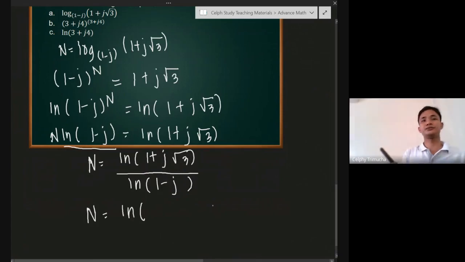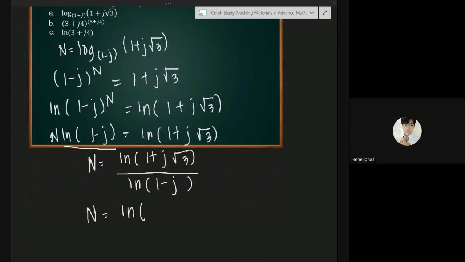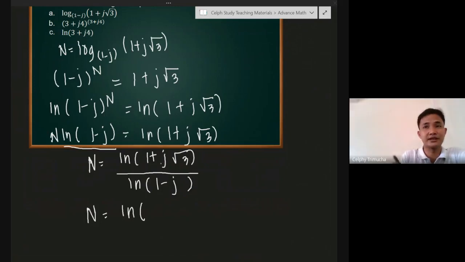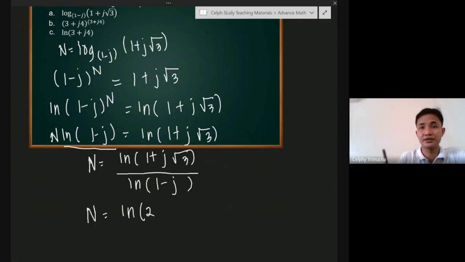So pila niya nga value? 1 plus j square root of 3. Shift convert, 2 yan, R is 2, tapos angle.